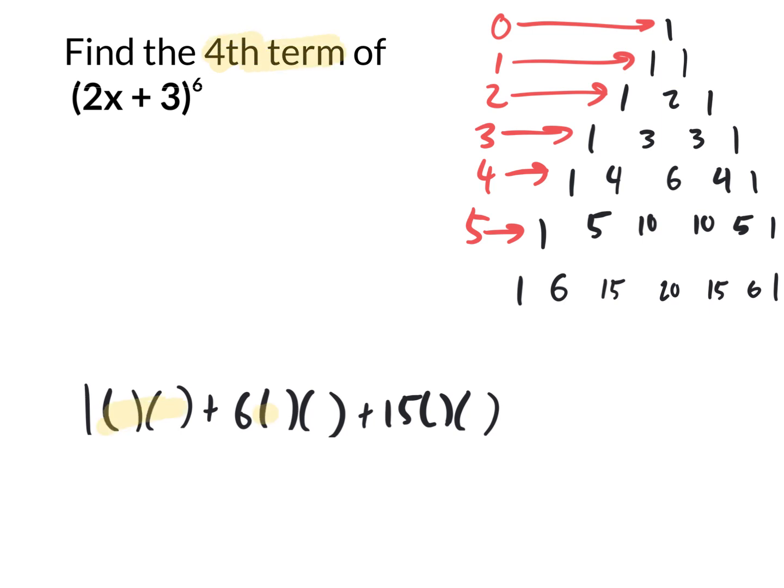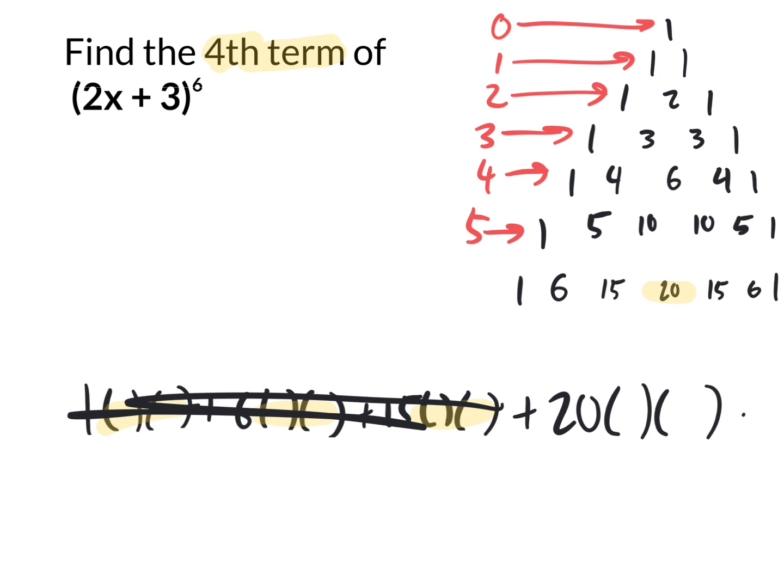So here's my 1st, 2nd, 3rd. The next one is my 4th one, which would be this one with the 20. So plus 20, parenthesis, parenthesis, parenthesis, parenthesis. Okay? So if we only want the 4th term, we could just ignore this, and you don't even have to worry about the rest. We could just work on that one. Oh, I'm sorry. Maybe I shouldn't have scratched them out.